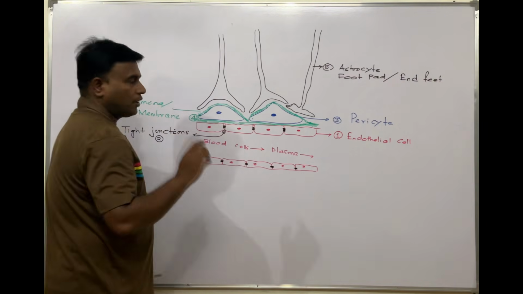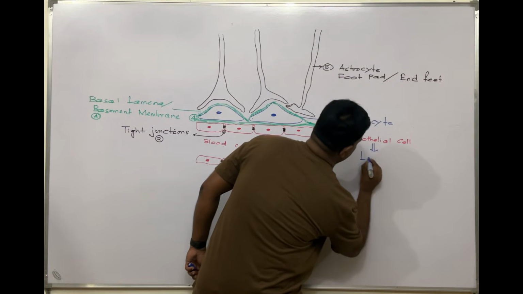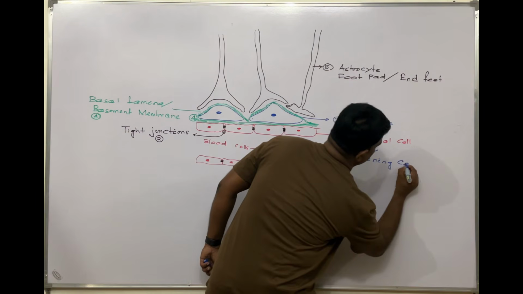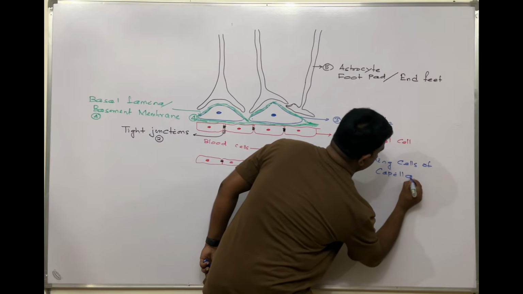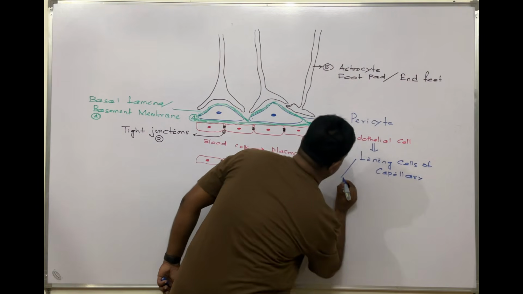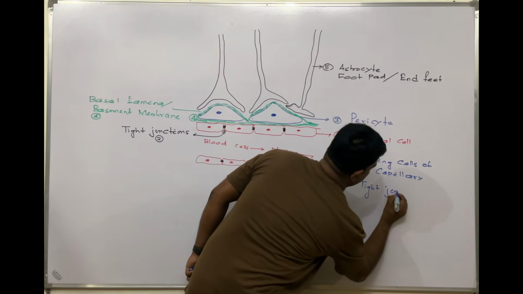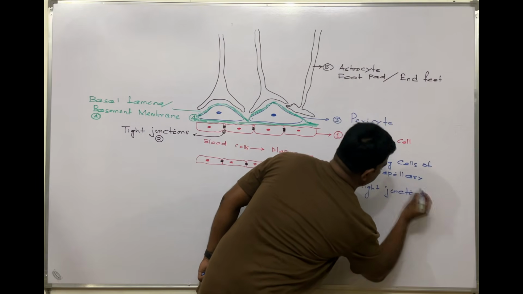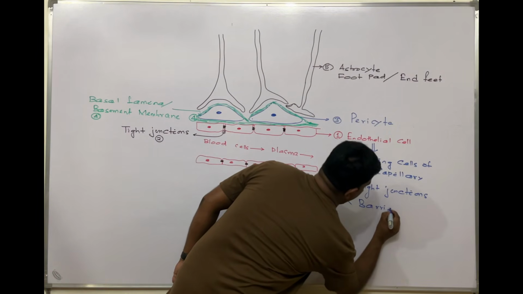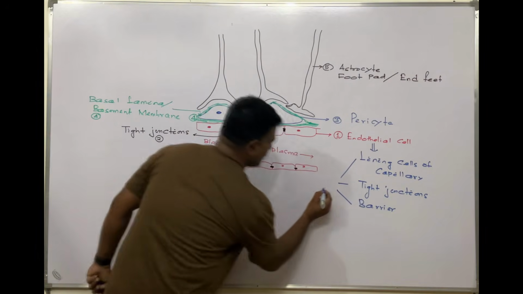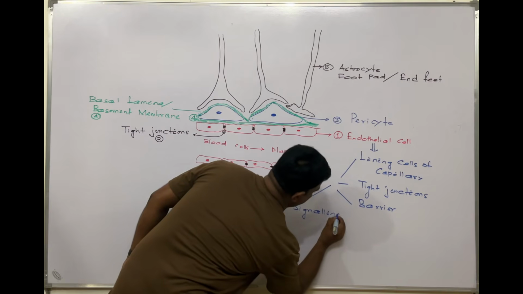Now coming to these endothelial cells, these are the lining cells of the blood vessel. Here I am writing the word capillary. Second, they are the cells which show the tight junctions. Third, these tight junctions form the barriers. These endothelial cells are the signaling cells.